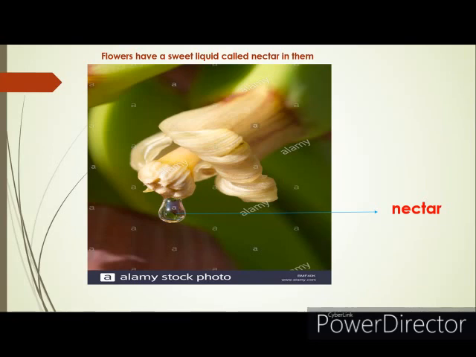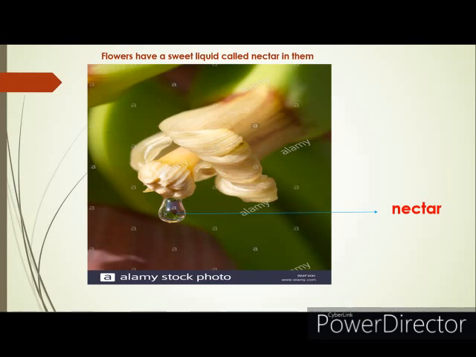What is the spelling of nectar? Nectar. Nectar is a sweet liquid produced by flowers. Clear? Okay, so flowers are the colorful part of a plant, and they have a sweet scent.